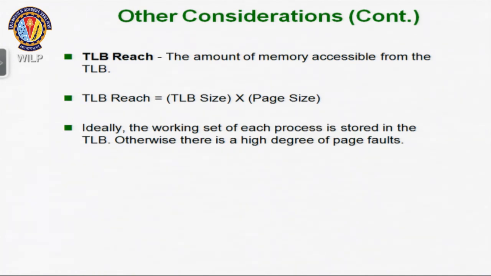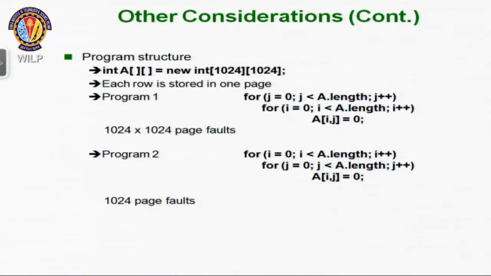Ideally, the working set of each process is stored in the TLB. If the working set of a process is not stored in the TLB, then a good amount of page faults would keep occurring.